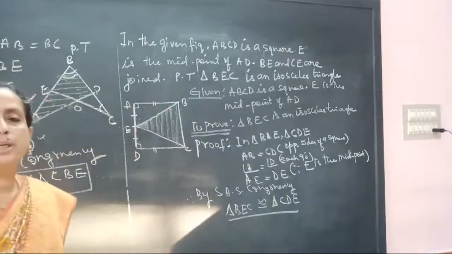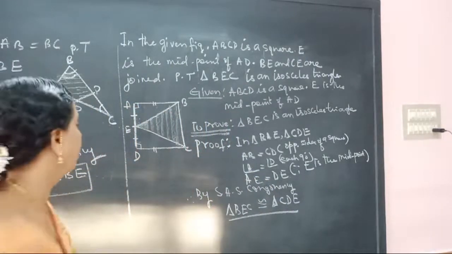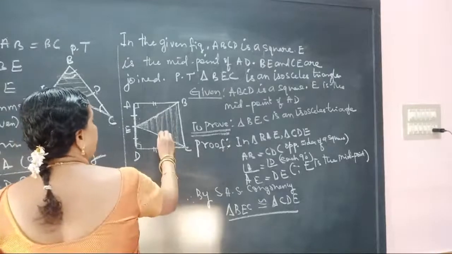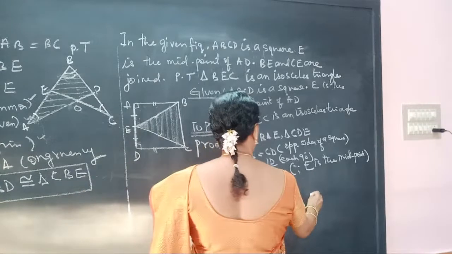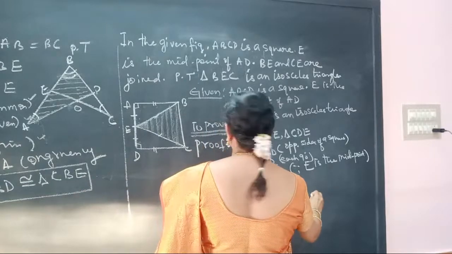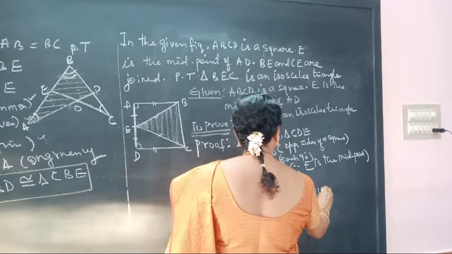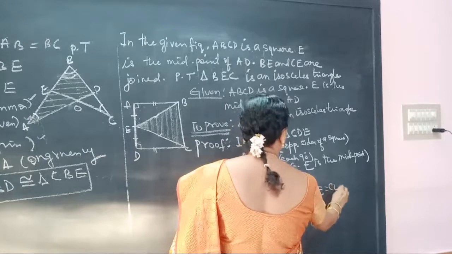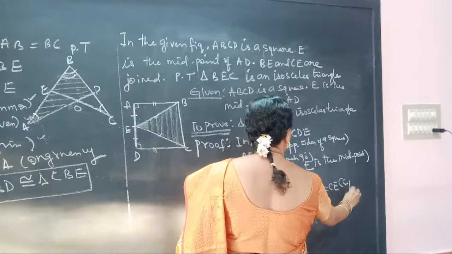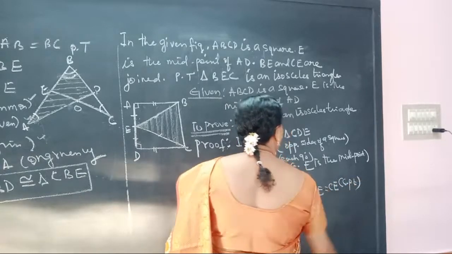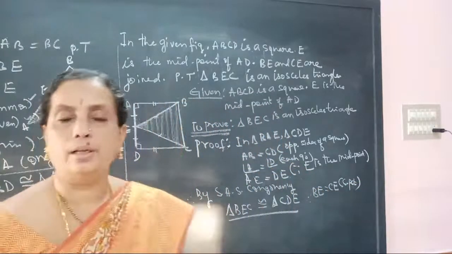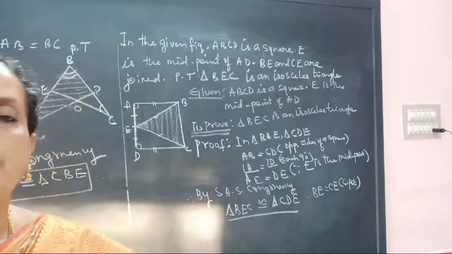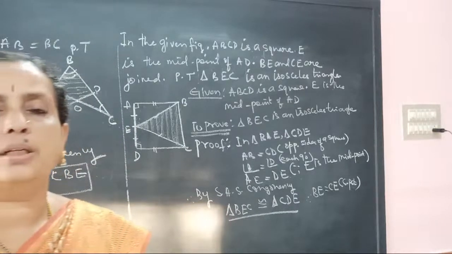So when we prove that triangles are congruent, then we can consider these two as its CPCT. Therefore, BE equals CE as CPCT. When two sides of a triangle are equal, it will be an isosceles triangle.